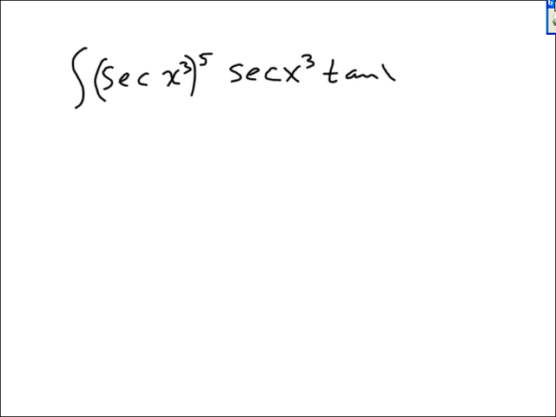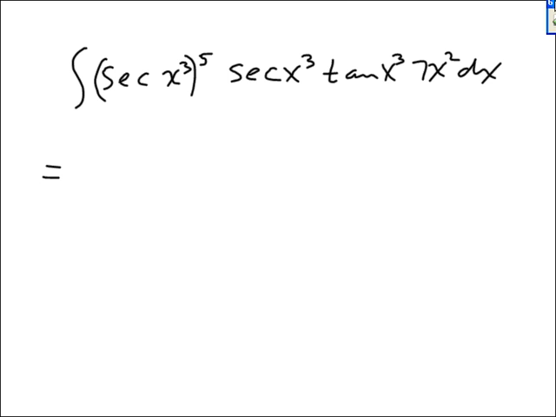Okay, how about this problem here? The integral of the secant of x cubed to the 5th power times secant of x cubed times tangent of x cubed times 7x squared dx.